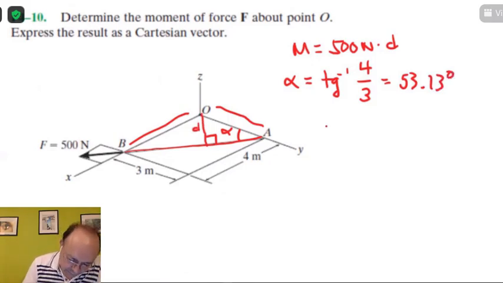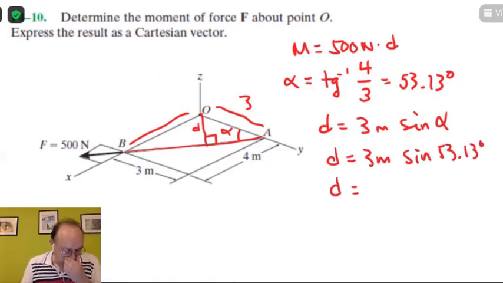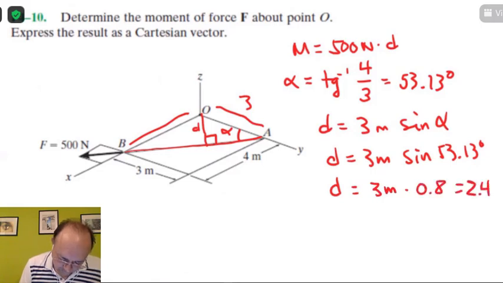So now D is equal to 3 meters sine alpha. So D equals 3 meters sine of 53.13. Sine of this angle is 0.8. So 3 meters times 0.8 equals 2.4 meters.